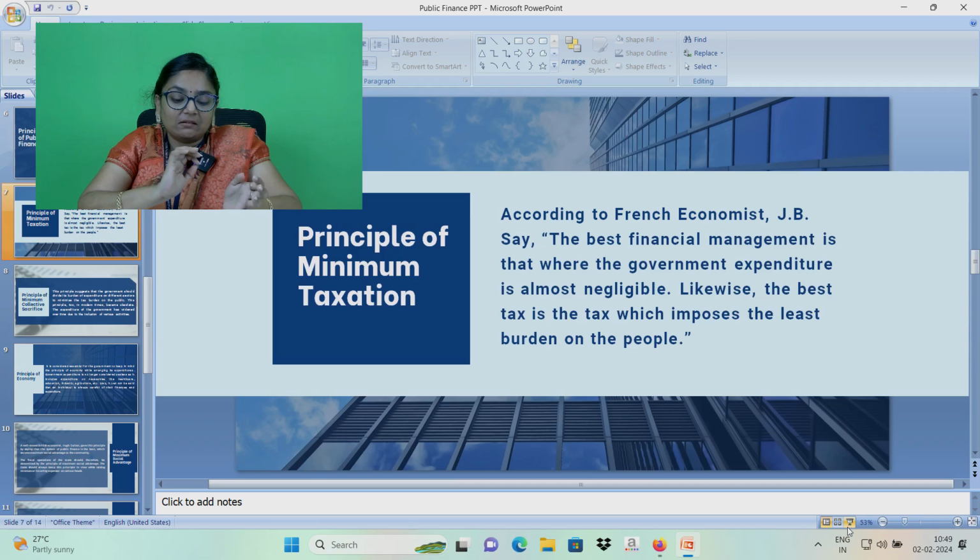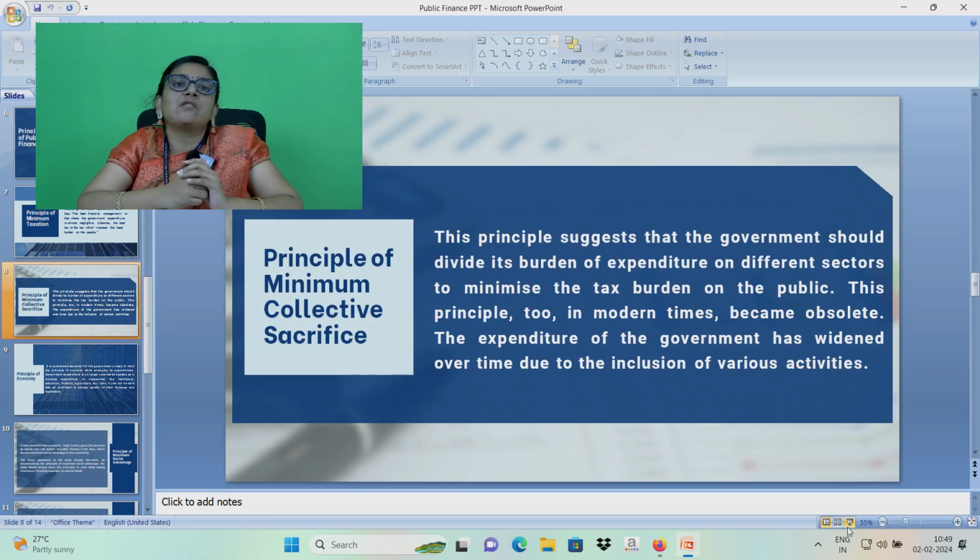But as government expenditure is no longer considered useless, it includes various expenditure on necessities like health care, education, industry and agriculture, etc. For all these, minimum taxation should be levied. Next is the principle of minimum collective sacrifice. This principle suggests that the government should divide its burden of expenditure on different sectors to minimize the tax burden on the public.